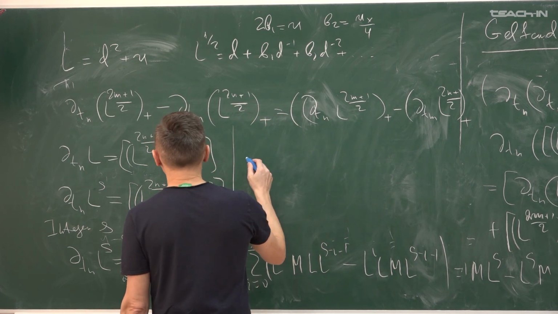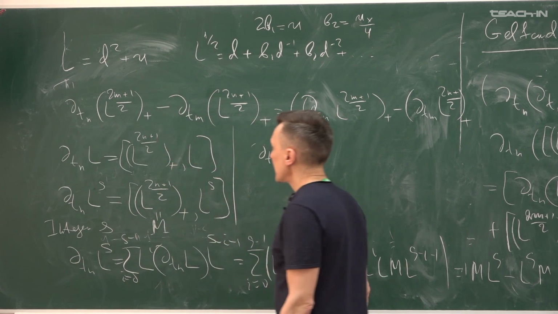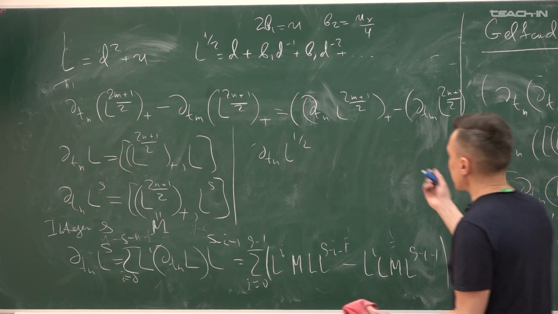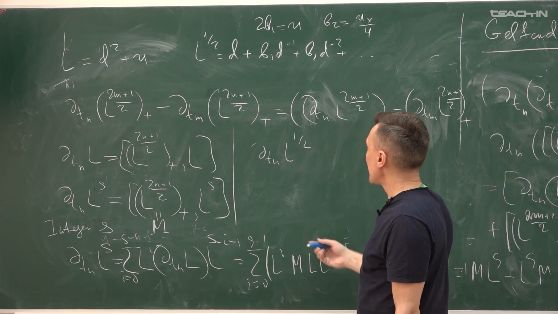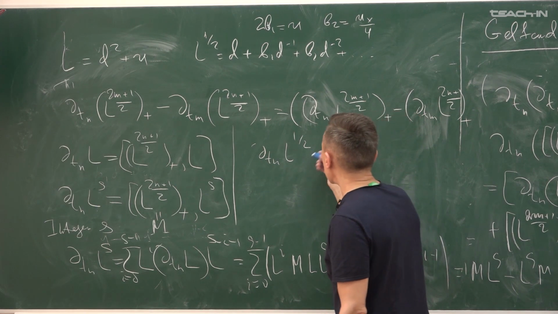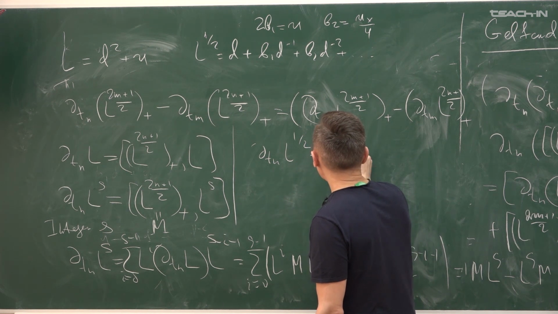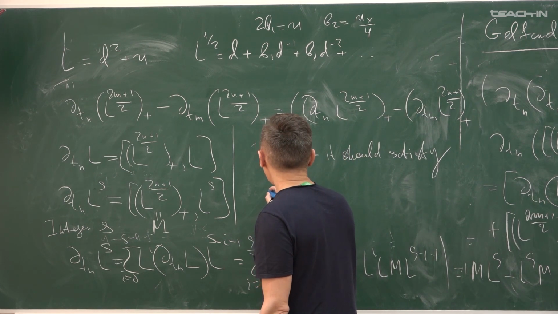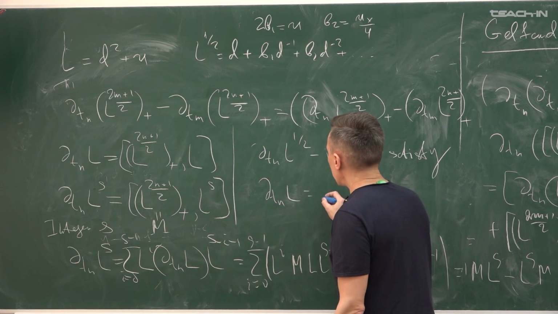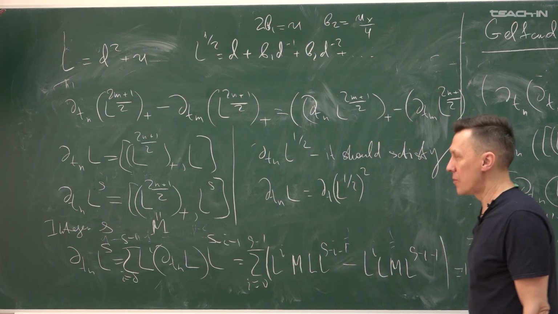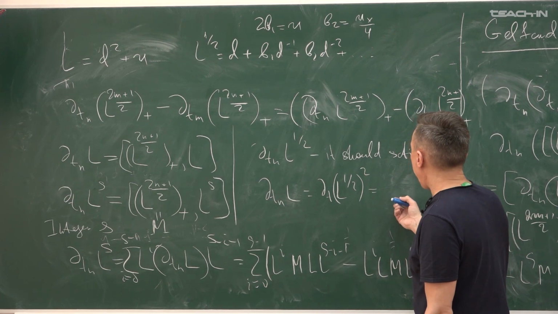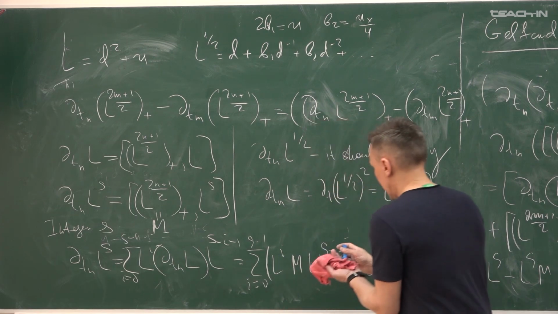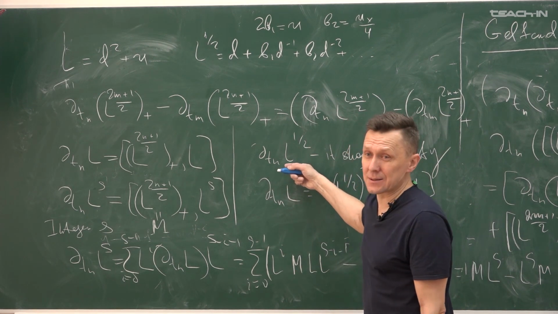So dtn of L^(1/2) is something concrete, a pseudo-differential operator, and it should satisfy the following rule: dtn of L is dtn of (L^(1/2))^2, and it should be the commutator with M. We can guess this operator.